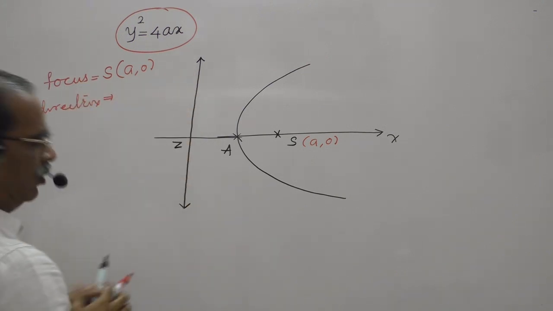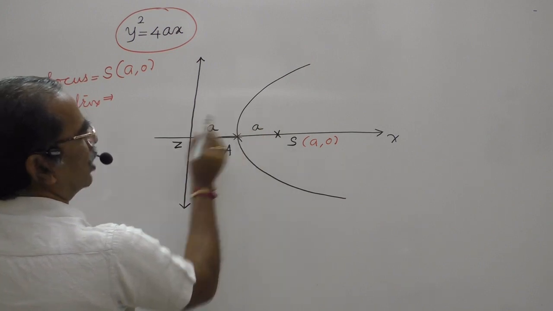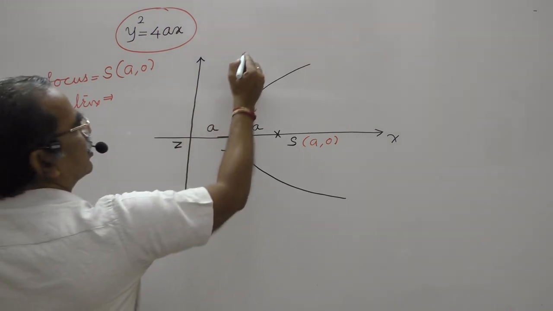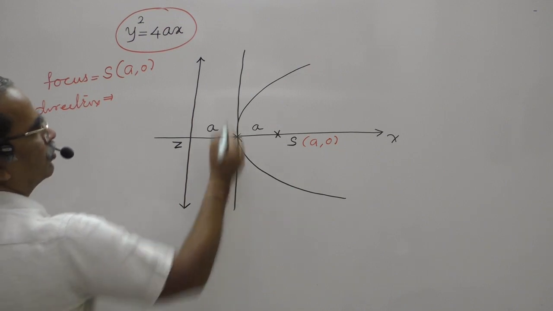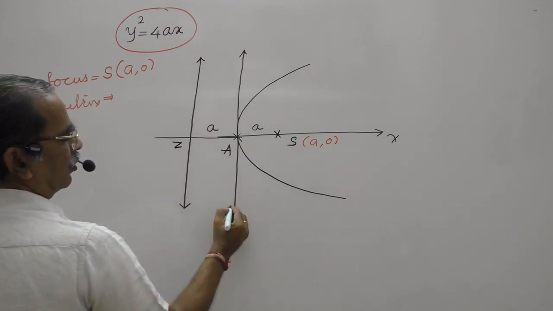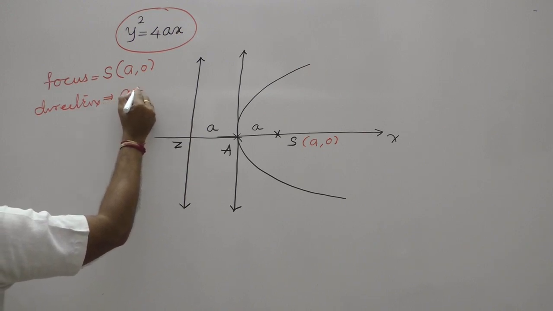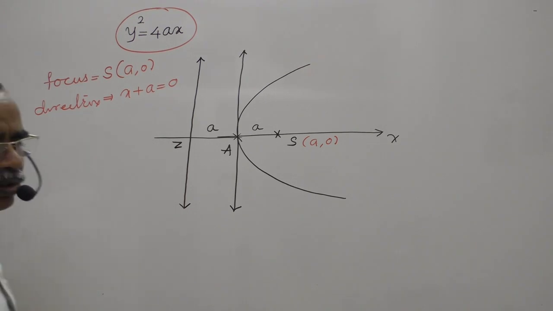The directrix is a line. This distance is a, seen in the derivation. This is also a. This line is parallel to the y-axis on the left side. This is the y-axis. See carefully now. Equation of the directrix: the directrix is the line x equal to minus a, or x plus a equal to 0.